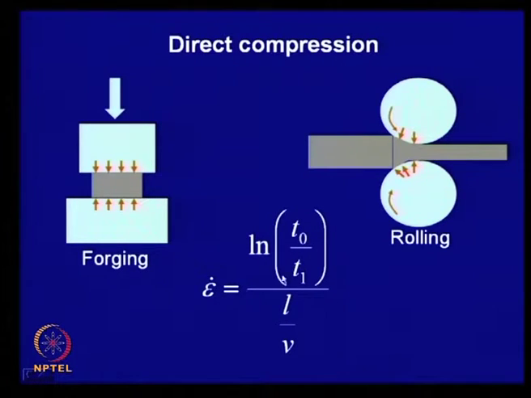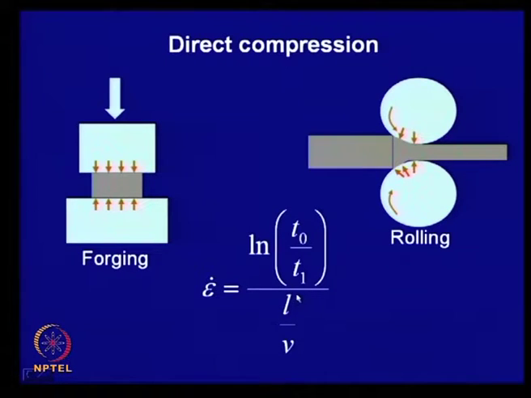Here also, the initial thickness is T0 and the final thickness is T1, and this is the length of the job over which the deformation is taking place.